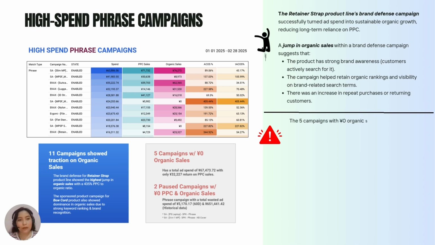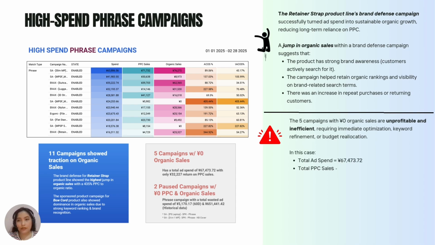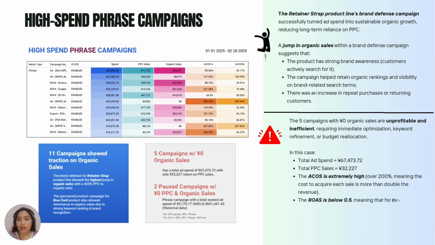Next, let's talk about the high-spend phrase campaigns. The Retainer Straps brand defense campaign effectively converted ad spending into lasting organic growth. Now, reducing dependency on PPC, there's also an increase in organic sales, which indicates strong brand awareness, improved rankings for brand search terms, and a rise in repeat customers. This success highlights the impact of strategic brand defense in sustaining long-term visibility and sales.